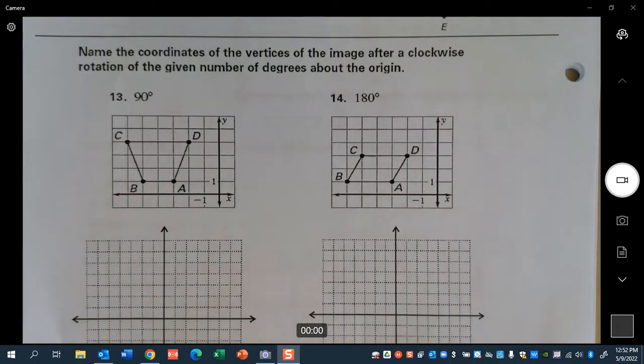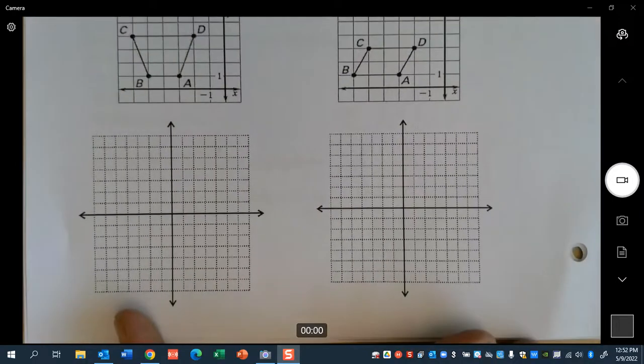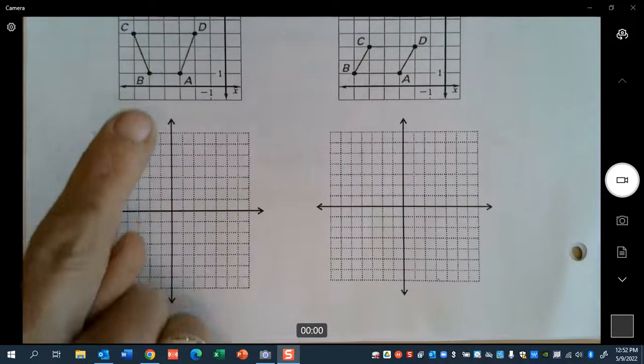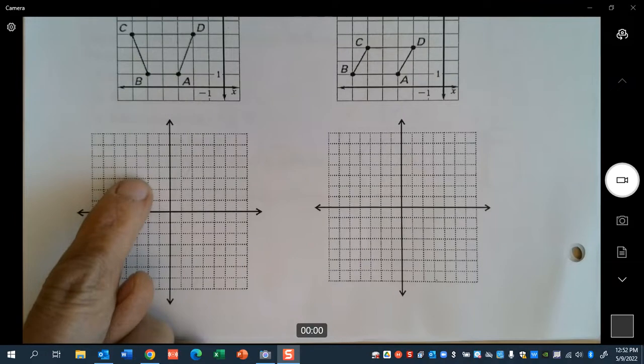Pop over to question 13. Name the coordinates of the vertices of the image after a clockwise rotation of a given number of degrees about the origin. Here's my biggest hint for you. This figure right here is in quadrant 2.